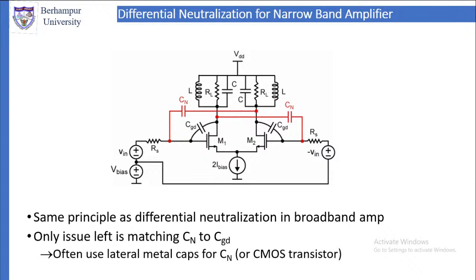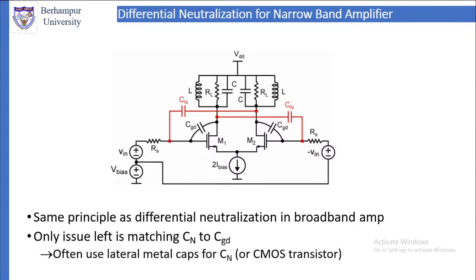Use the same principle as differential neutralization in the broadband amplifier. The issue left is matching of Cn to CGD. Now how to do that? How to find a Cn which will match CGD?